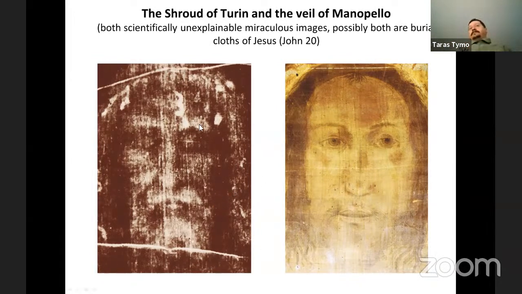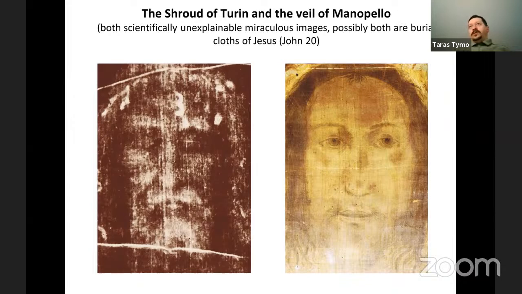And basically, the Shroud of Turin is close to that. But the crucial difference between the Shroud of Turin and the Veil of Manoppello is that the Shroud represents a dead man, Jesus with the closed eyes, whereas Manoppello is a living person.